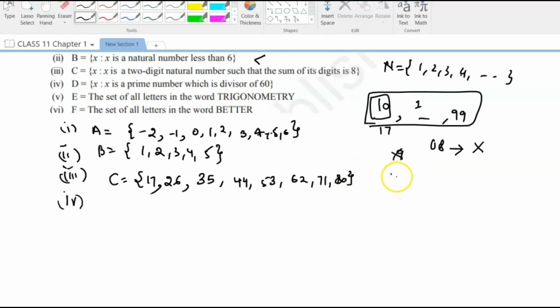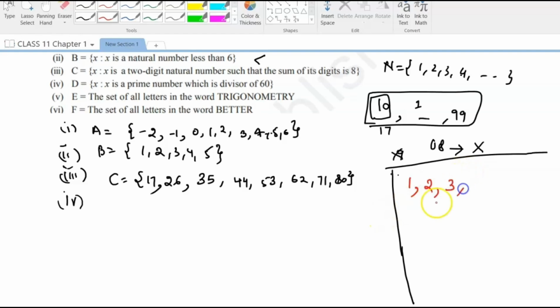So first let's write the numbers that divide 60. 1 divides 60, 2 divides 60, 3 divides 60, 4 divides 60, 5 divides 60, 6 divides 60. 7 does not divide 60, 8 does not, 9 does not, 10 divides 60, 11 does not, 12 divides 60, yes, 12 fives are 60. 13 does not divide 60, 14 does not, but 15 divides 60.